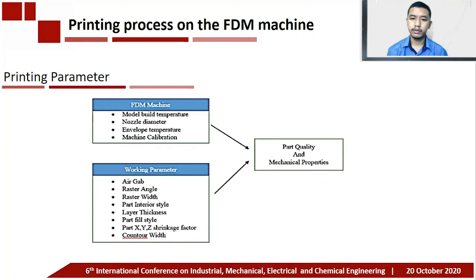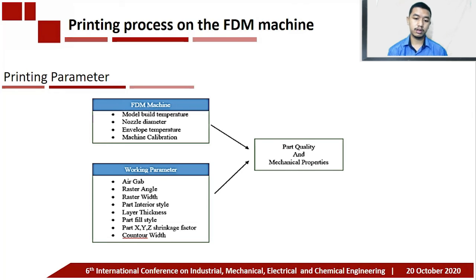Process parameters that affect the product characteristics of FDM are divided into two, that is FDM machine and working parameters. On FDM machine parameters, there are several parameters such as model build temperature, nozzle diameter, envelope temperature, machine calibration, and others.